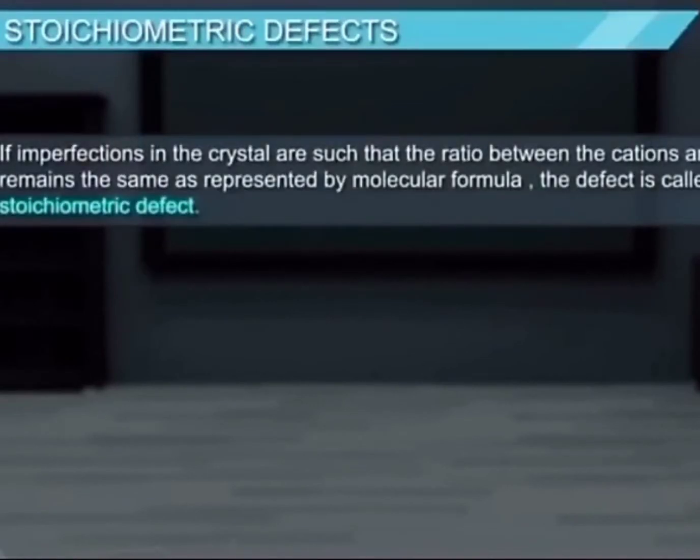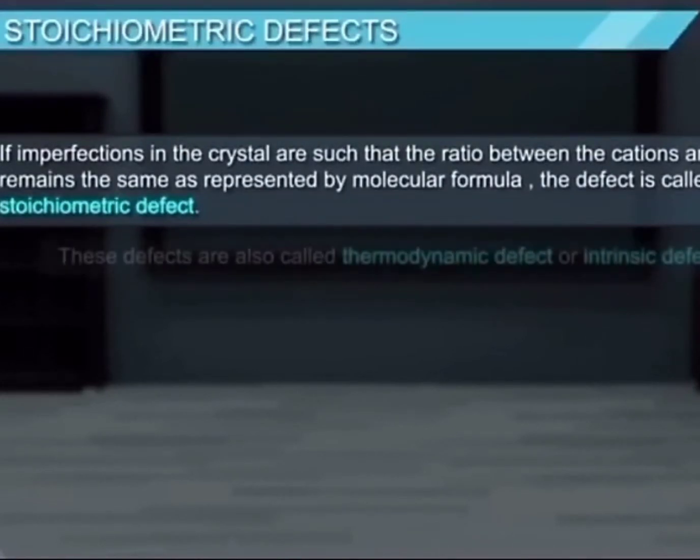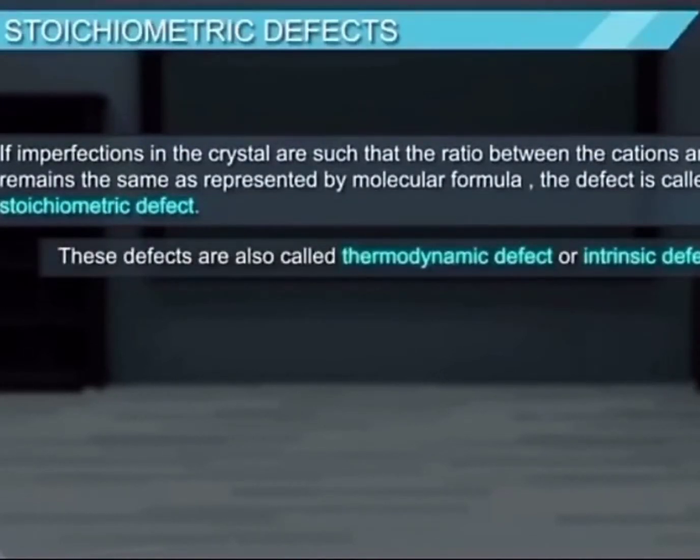Stoichiometric defects. If the imperfection in the crystal is such that the ratio between the cations and anions remains the same as represented by the molecular formula, the defect is called stoichiometric defect. These defects are also called thermodynamic defect or intrinsic defect.